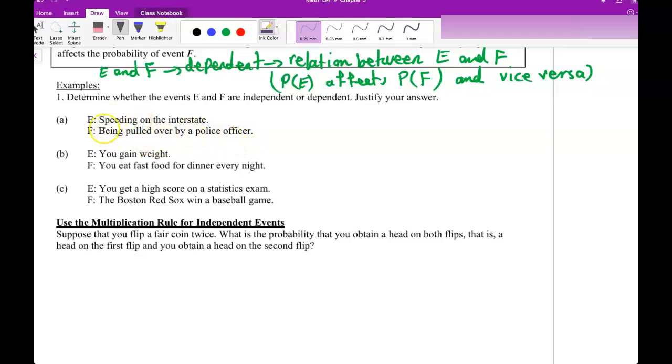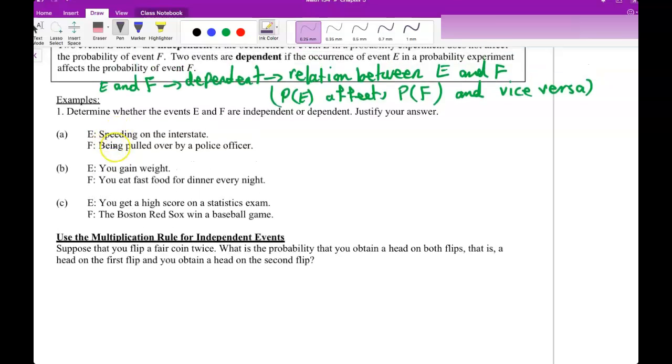So obviously between these two we have a relation, and speeding increases probability of being pulled over, so this part is dependent.